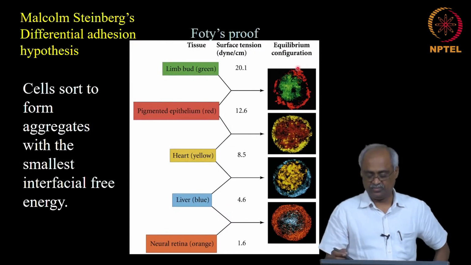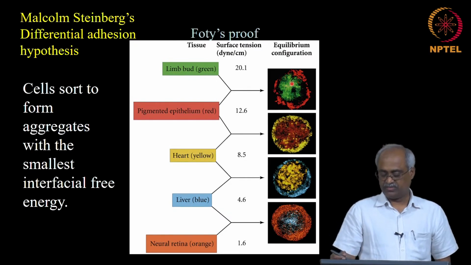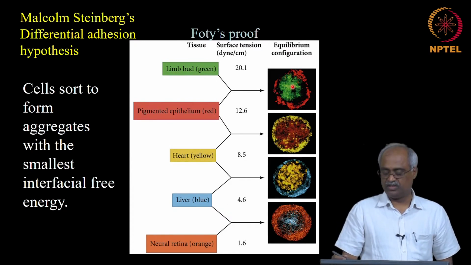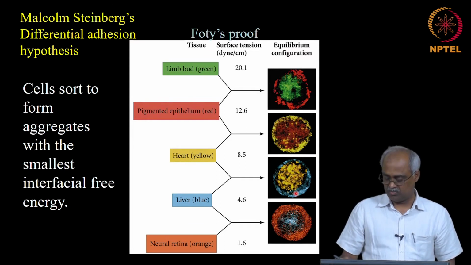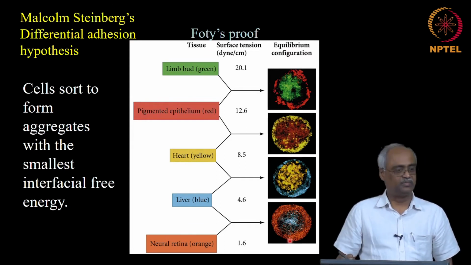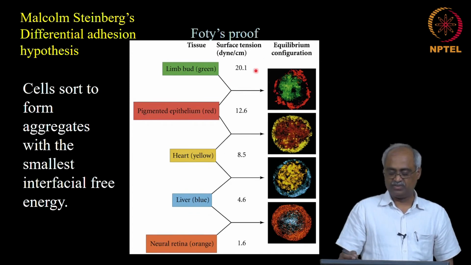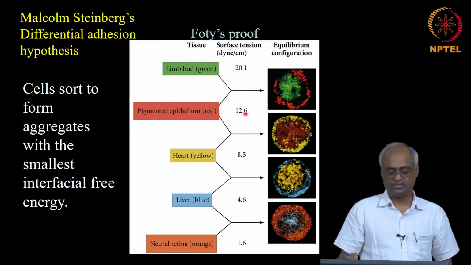So, here you have the two kinds of cells that are being mixed in two different colors, like here green and red, and here red and yellow and blue, and then blue and orange and so on. So, in each pair if you see, the green has higher surface tension than this red one. Okay. So, the green goes inside.